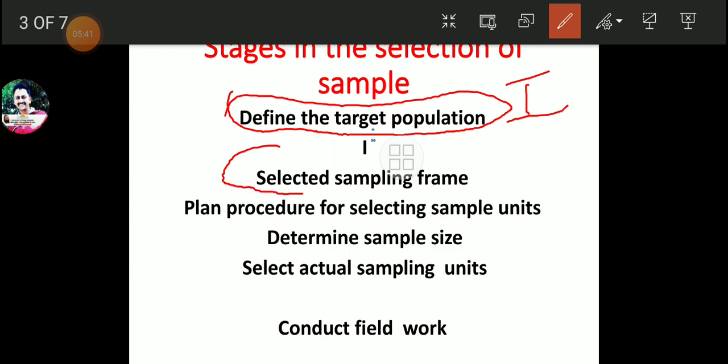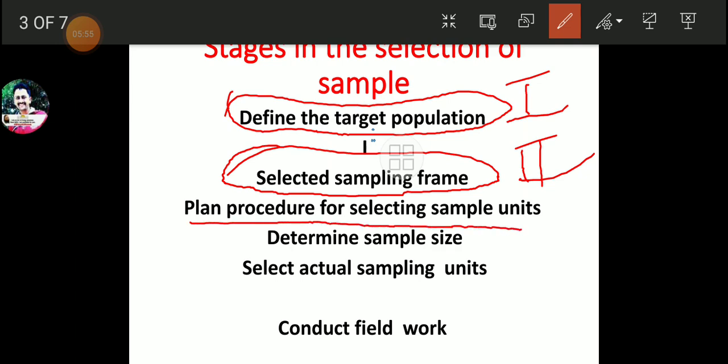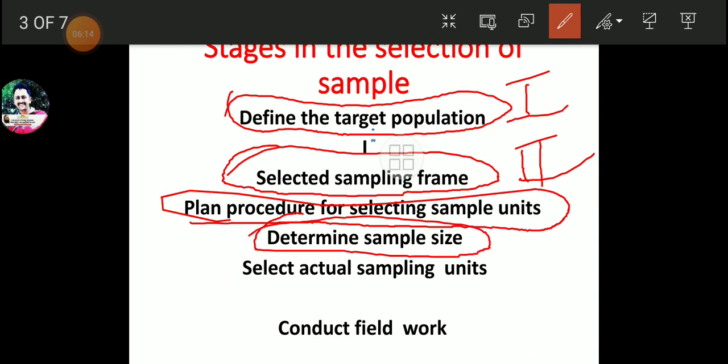Next stage is select a sampling frame. Then plan the procedure for selecting sample units. You have to make the plan, which procedure you are going to use for selecting sample units from the target population. Then determine the sample size, in the sense how many members there could be in that sample.